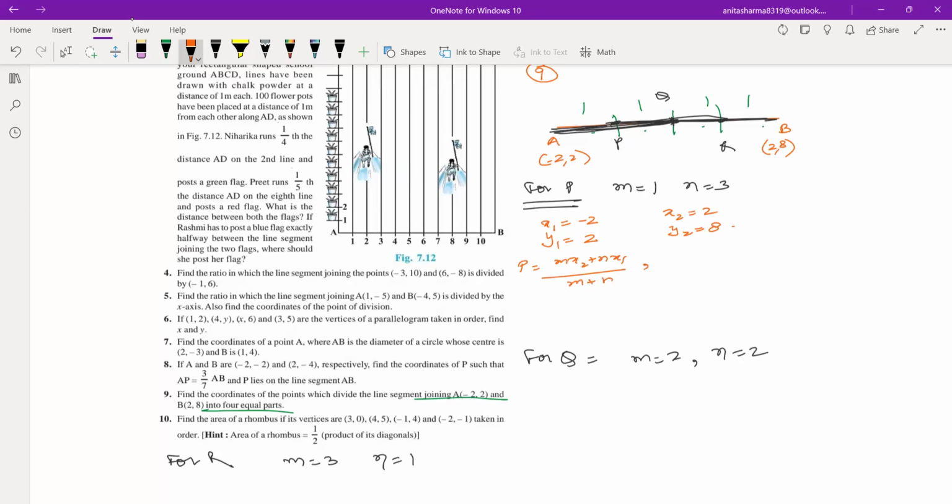You will apply the section formula. Kindly check your answers, children. Ma'am, for R, I got 1, 13/2.